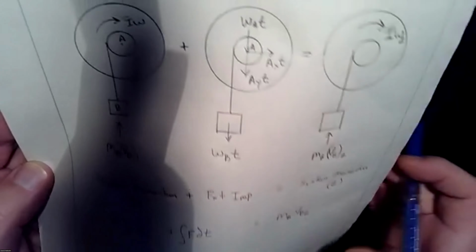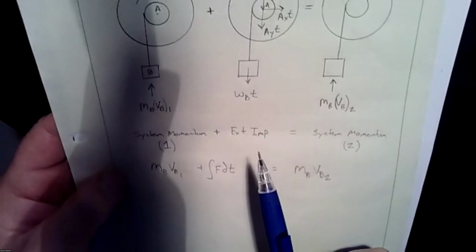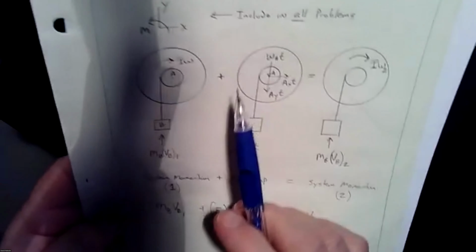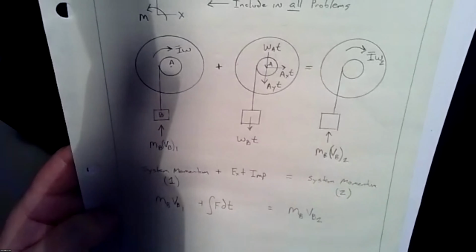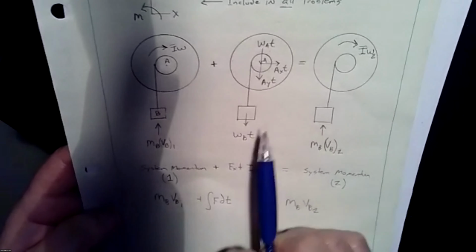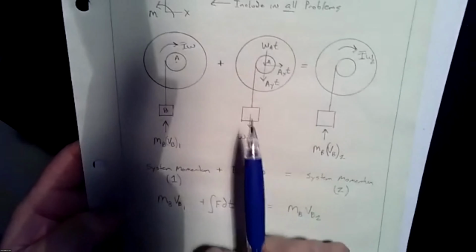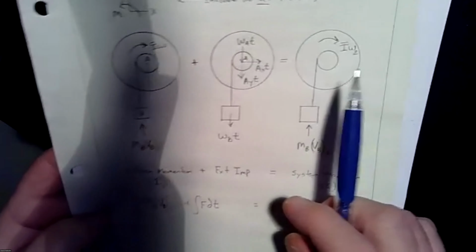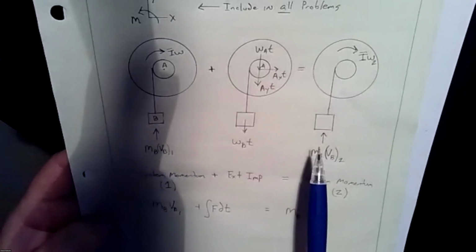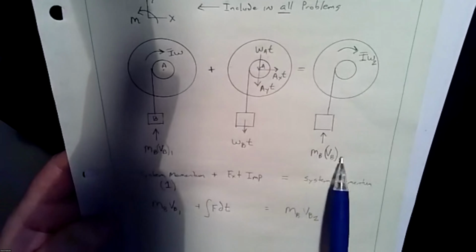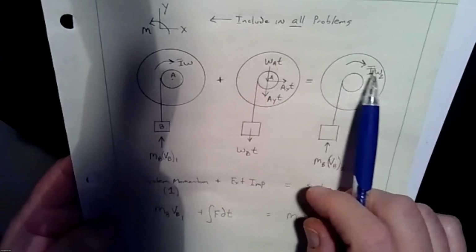That's really all you're doing, your external impulse. You're taking all the reactions here that would normally be your forces in a free body, and you're just adding a time component to them. That's it. So just make sure you do that in an impulse momentum problem. And then you get your final, which of course is just your I omega 2. And then this would be your linear momentum, and this would be your angular momentum.